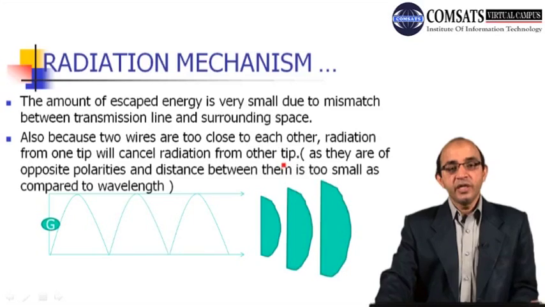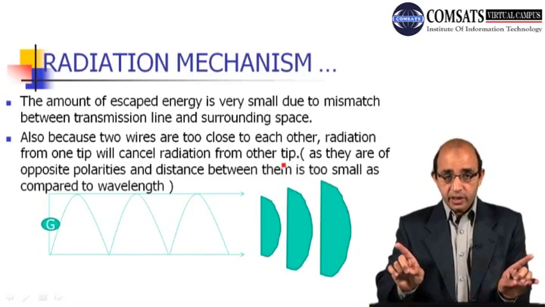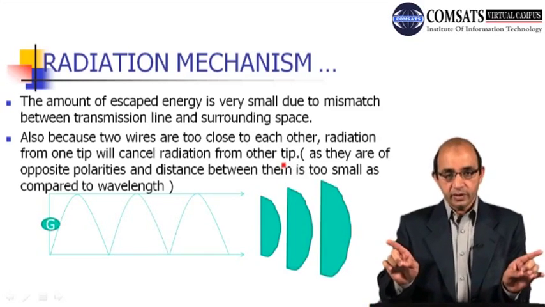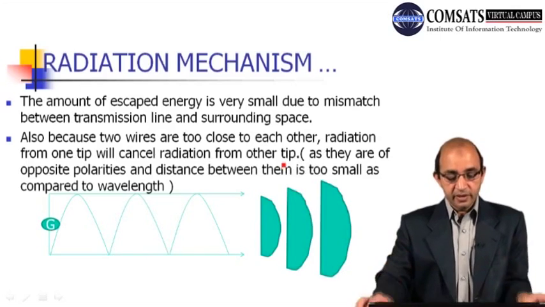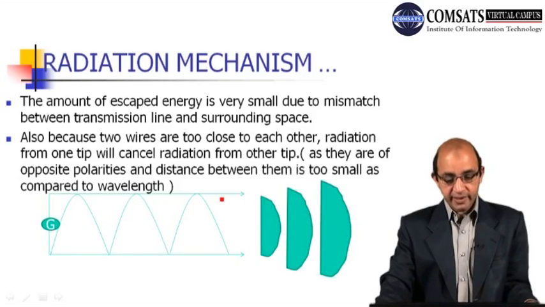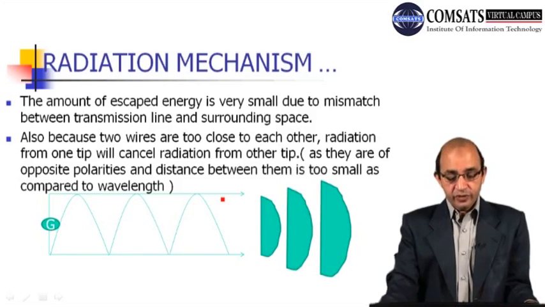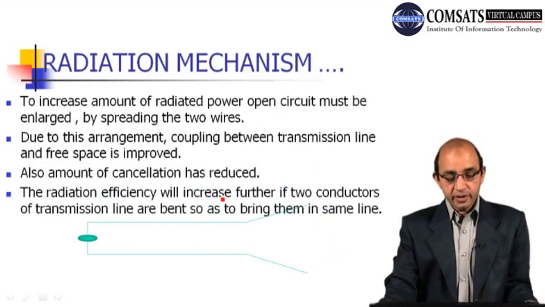That's why we need to keep the two ends at a certain distance in order to have maximum energy escape, so that the energy from one tip cannot be cancelled by the other tip of the wire. As they are opposite polarities and the distance between them is too small compared to the wavelength, that can be one of the reasons why only a small portion of the energy is radiated.